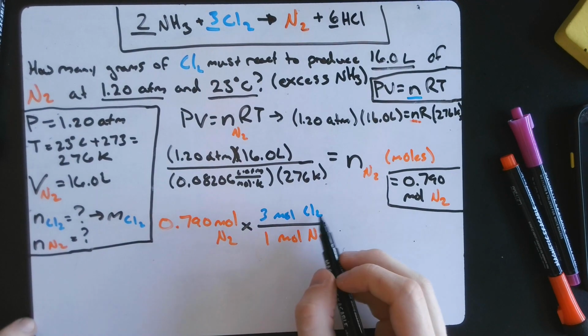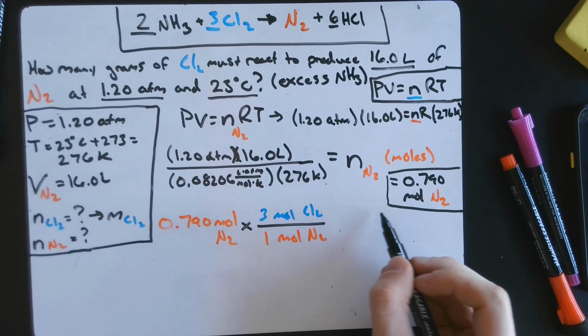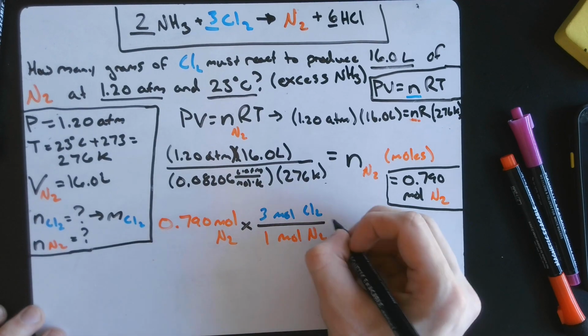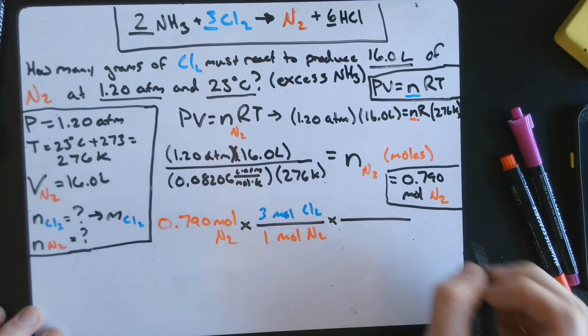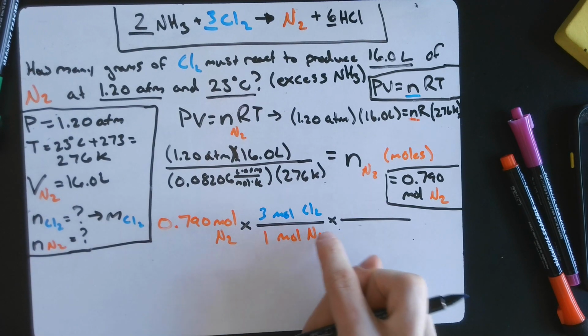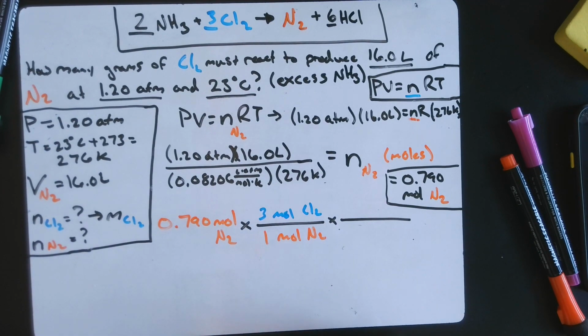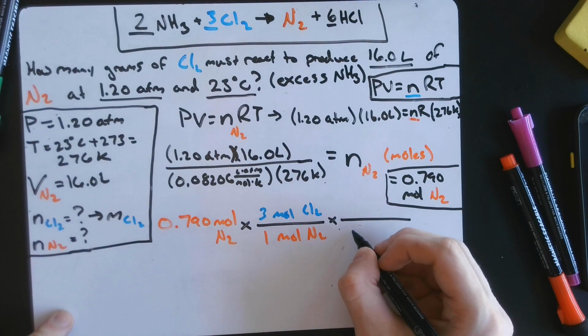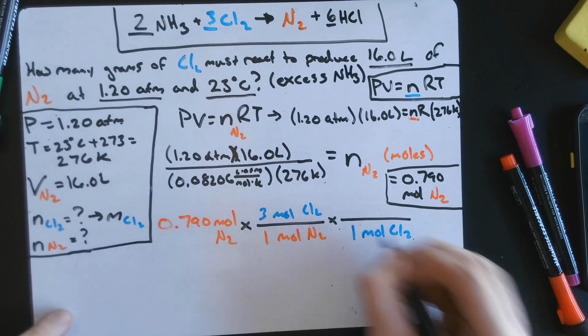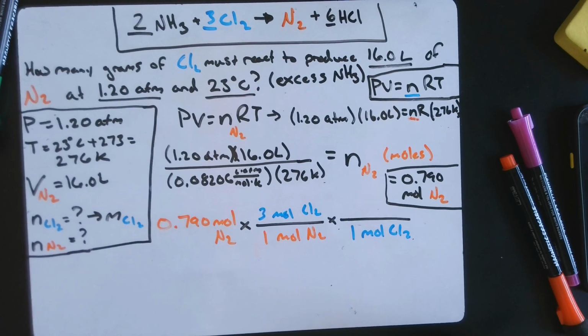All right. Now, if you want to, you could get directly into moles of chlorine. Whatever you plug in your calculator here would be moles of chlorine. But we also learned in the stoichiometry unit that you can go from moles to grams just by doing another conversion, right? When we go moles to grams, we're taking the molar mass of chlorine. And the molar mass is always per 1 mole, right?